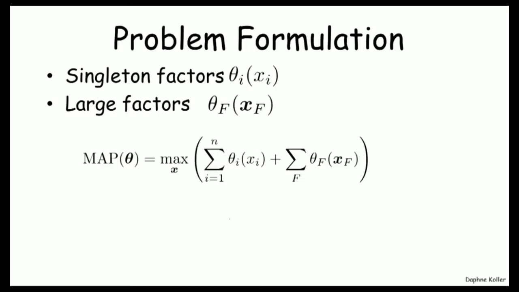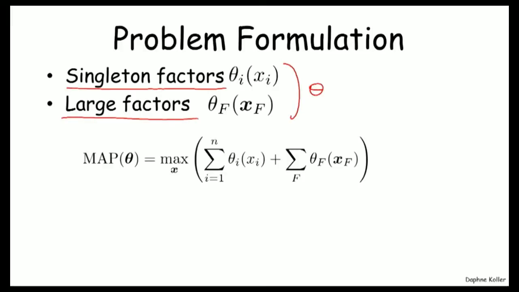So here we're going to assume that the MAP problem that we're trying to optimize, remember, we've reformulated this as a max sum as opposed to a max product, which is a convenient reformulation, is such that the theta that we're trying to optimize is comprised of a sum of two different kinds of factors. The first is singleton factors, which are over the scope of a single variable, x_i, and the second are larger factors that are over the scope of multiple variables.